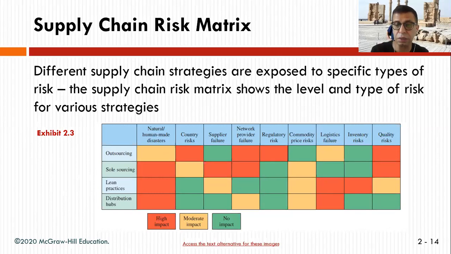So as a factory and company or service provider involved in the supply chain, you need to look at these very carefully and try to mitigate them according to the impact on your supply chain and the business flow.